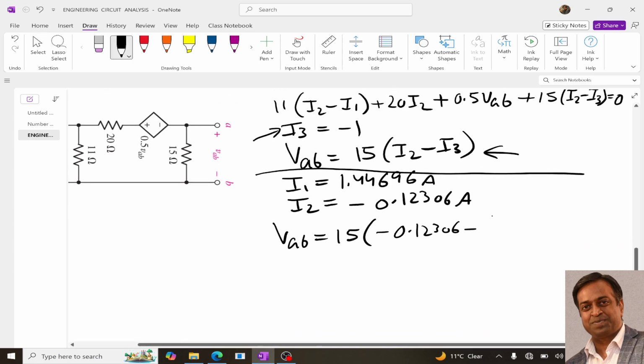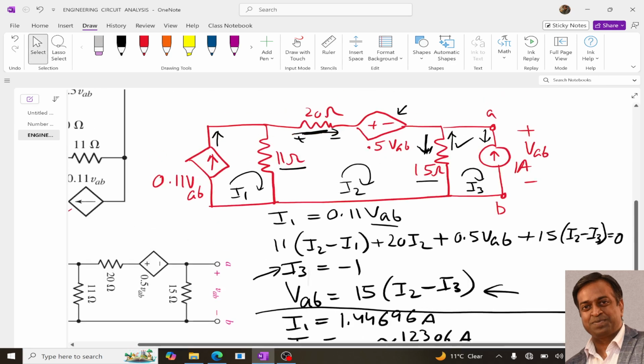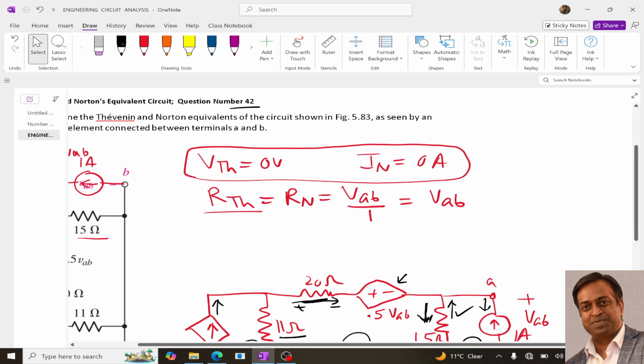I3 is -1, so solving this, we will get a value of 13.14 volt. So our VAB is 13.14 volt.